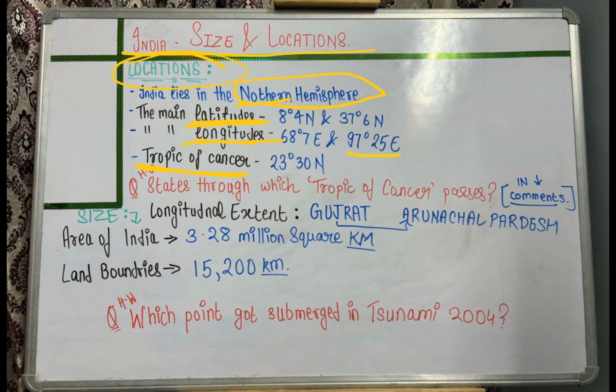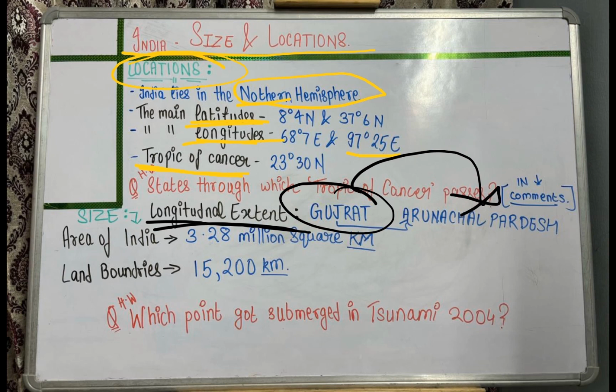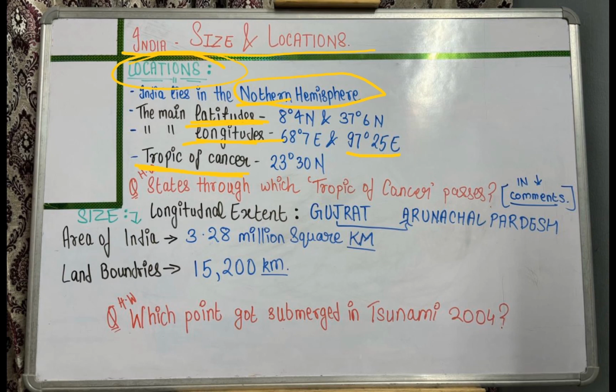Then we learned the longitudinal extent of India, which is from Gujarat to Arunachal Pradesh. Then we learned the size of our India. India's area is 3.28 million square kilometers. The land boundary is 15,020 kilometers.